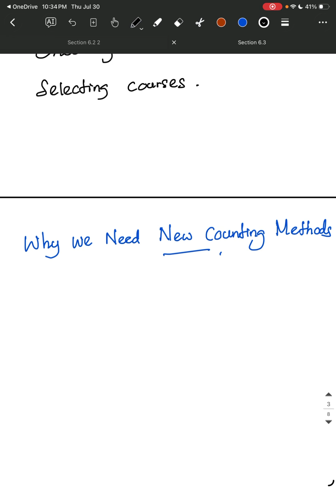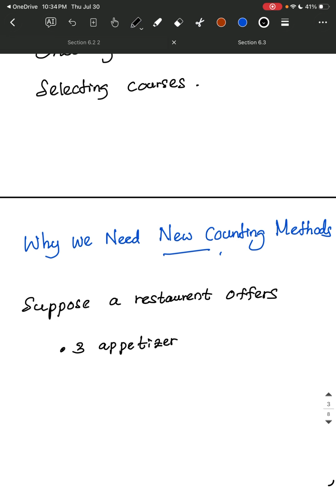Suppose a restaurant offers 3 appetizers, 2 soup options, and 10 entrees.